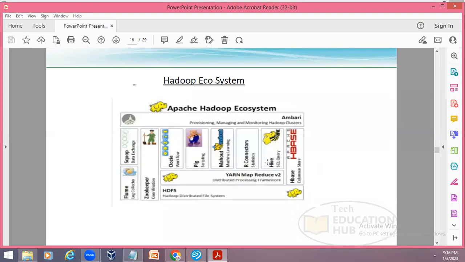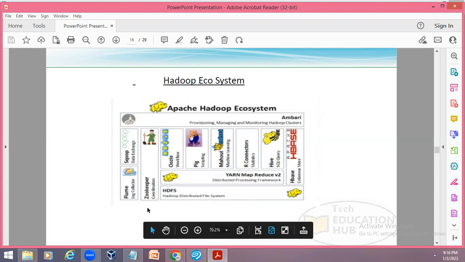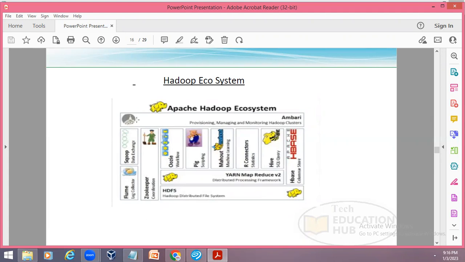If you want to work with a SQL query based system, you can go with Hive. Pig, Oozie is for the complete workflow. Zookeeper is for coordination of the services. Like that. And here we have a base HDFS as file storage, and Ambari is a complete monitoring tool.